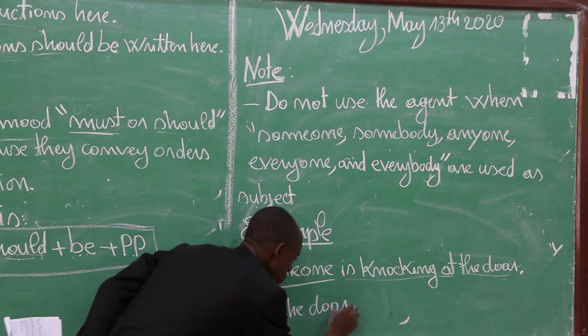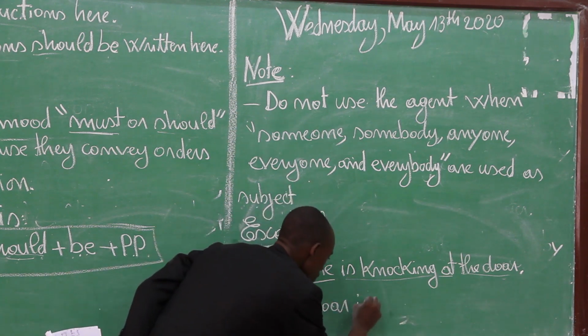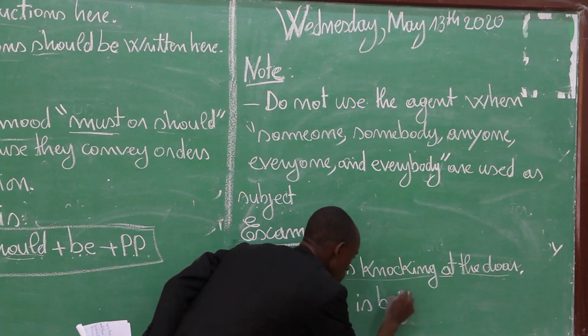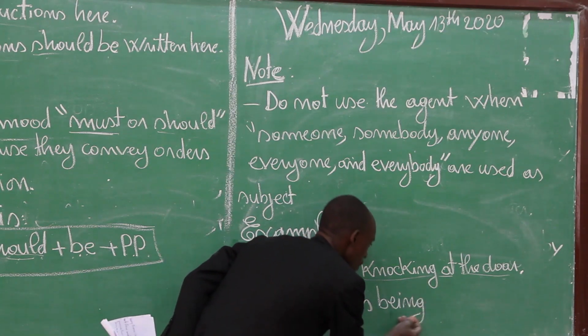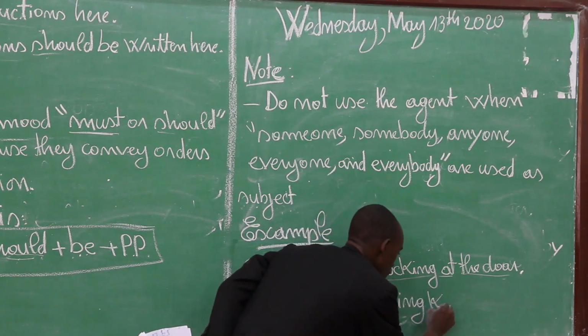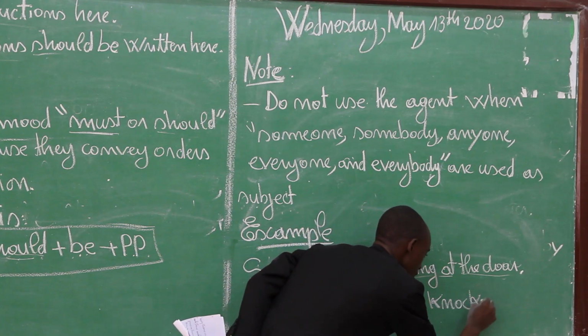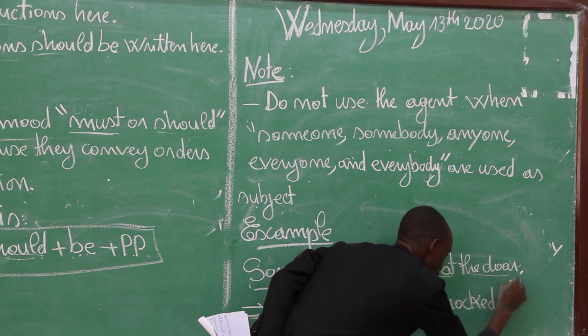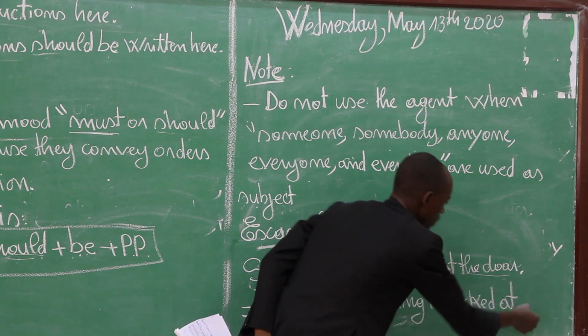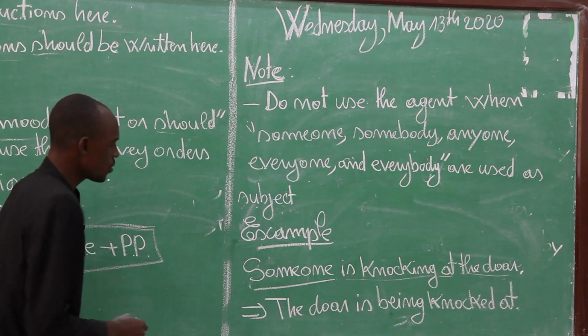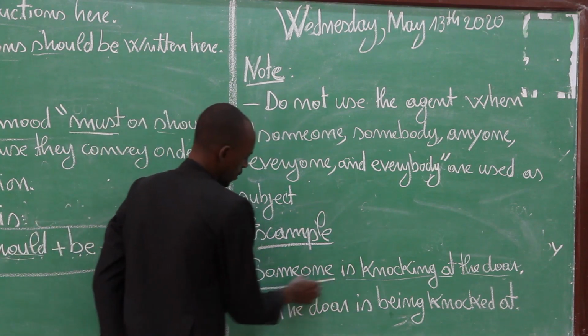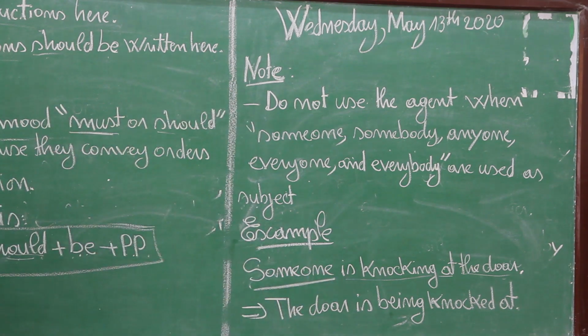The door is being knocked at. We stop here. We cannot use someone in passive voice as the agent.